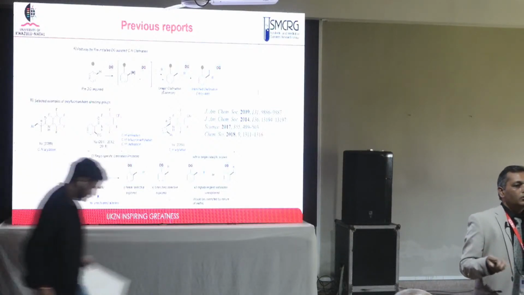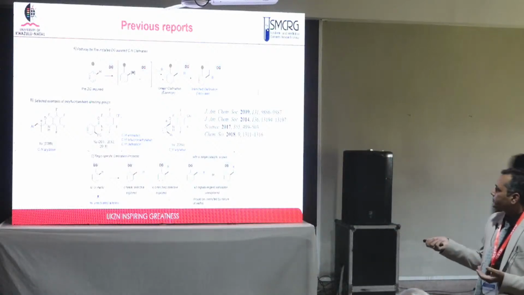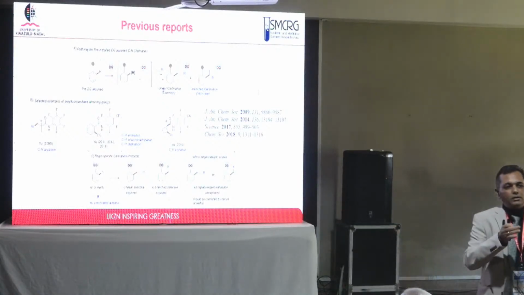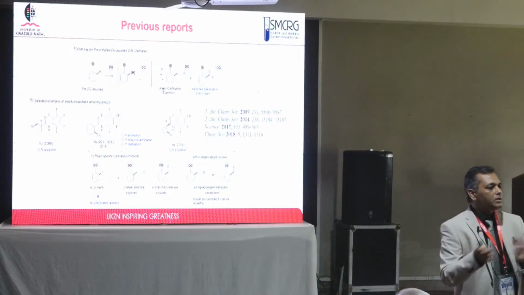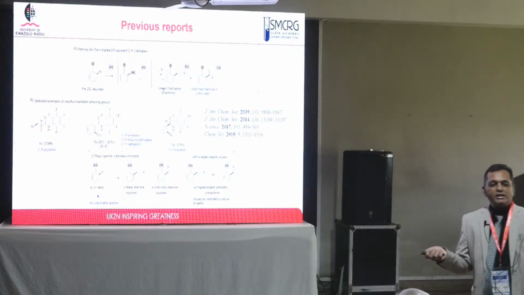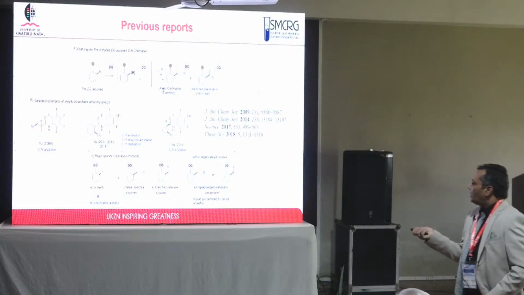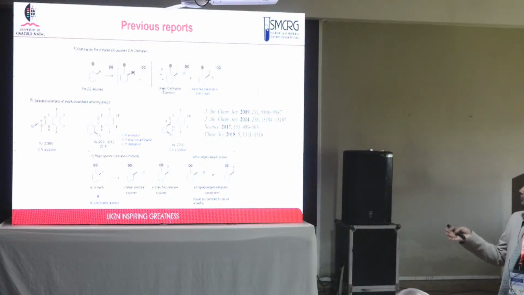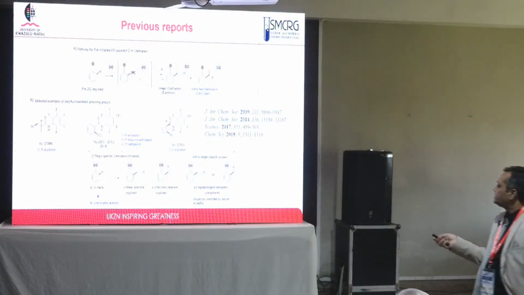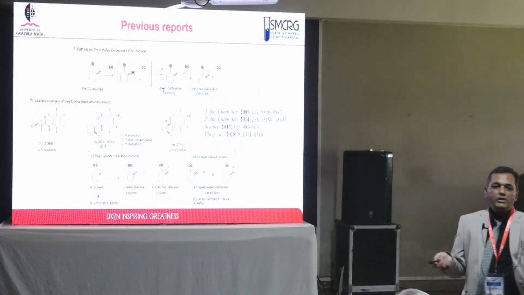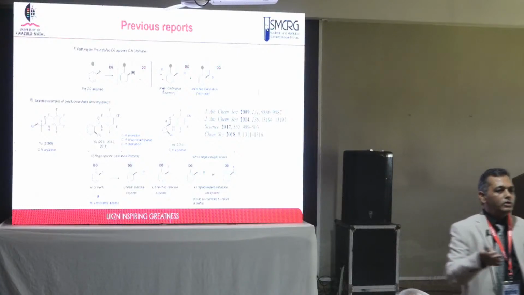And also, getting a stereospecific, regiodivergent selective reaction is very difficult and less explored. So how do you get this regiospecific reaction using unactivated alkenes with a one-component catalytic system? That is what we found as the gap over there.